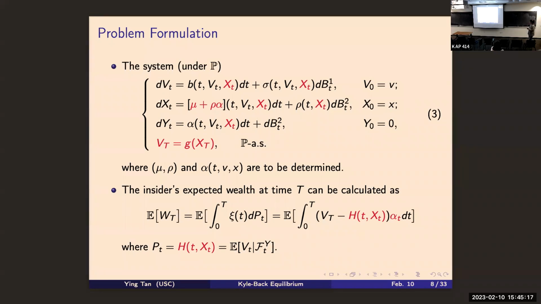I think we are the researcher, and the market maker can also choose mu and rho. We want to solve this problem for both the insider and the market maker. So alpha is for the insider to choose, and mu and rho are for the market maker to choose.